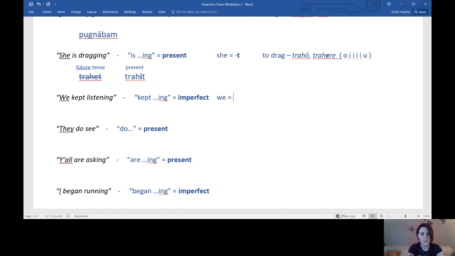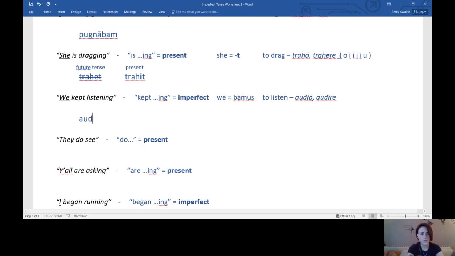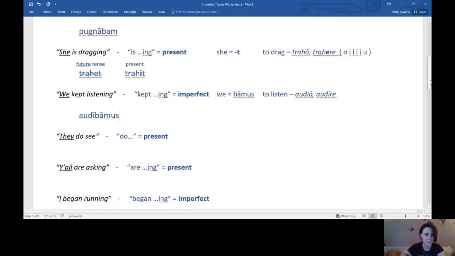Okay, we is, since it's imperfect, as we've noted right here, we can keep the BA and we're gonna add our we ending, which is mus. And then to listen, you guys, everybody should know audio, audire. Okay, now, if you got this answer, audibamus, you're really close, and I want you to kind of give yourself a high five.